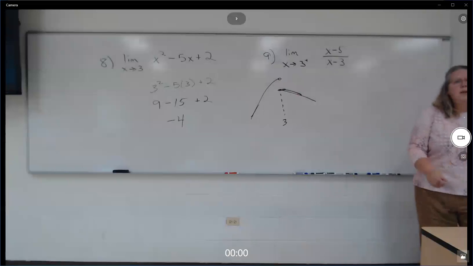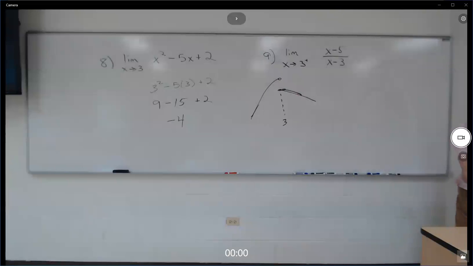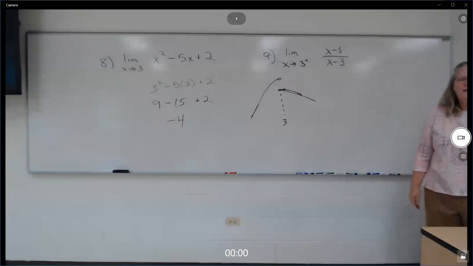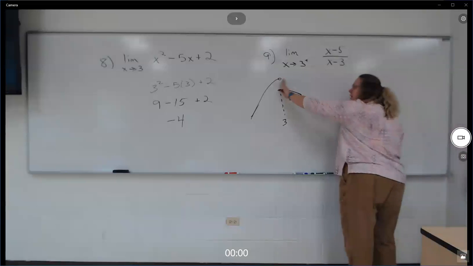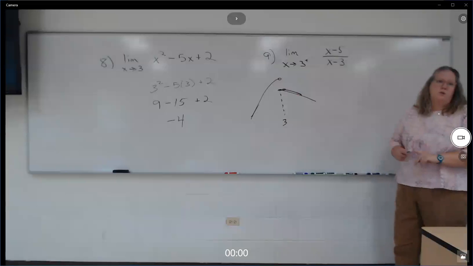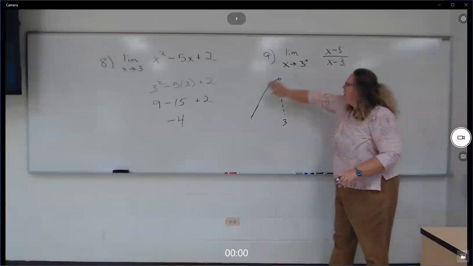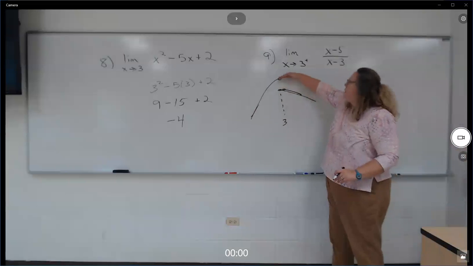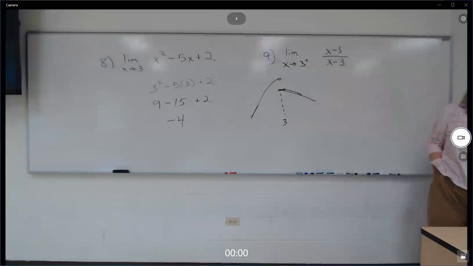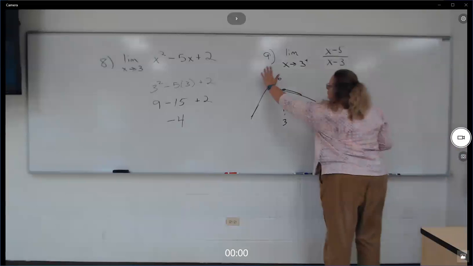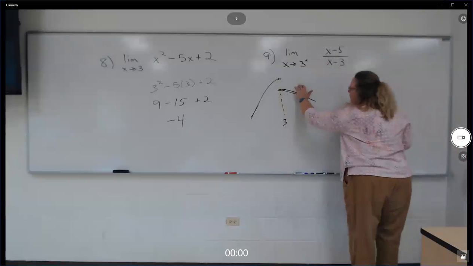I only care about the right side. Plus is right side, but you're heading left because you have to be heading towards that point. Negative means the left side, but you're heading right because you have to head towards that point. Negative is what's happening on the left side, plus is what's happening on the right side.